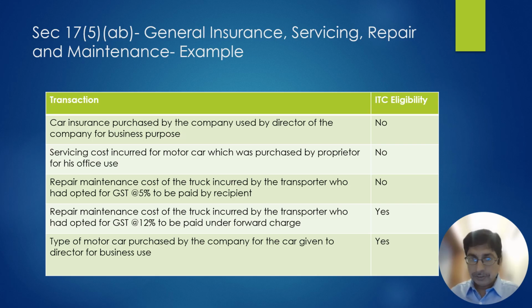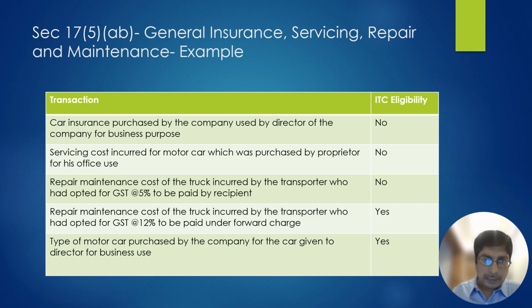As per section 17(5) clause A, it is used for further business but not for further taxable supply of passenger transportation. Therefore, the GST credit on the car is not available. Therefore, the GST credit on the expenses of general insurance, servicing, repair, maintenance of that car is also not available.